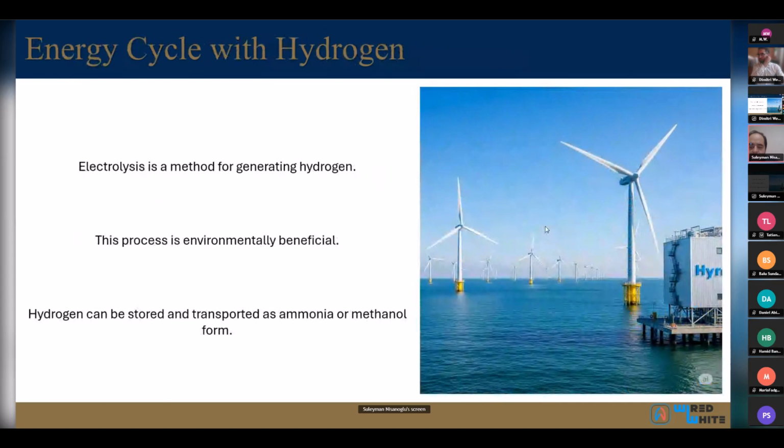It can be stored, transported, and burned with oxygen to release energy. The combustion process is similar to natural gas, but the only byproduct is water, without carbon dioxide, of course. This cycle forms the foundation of an eco-friendly energy system. This system is also popular.